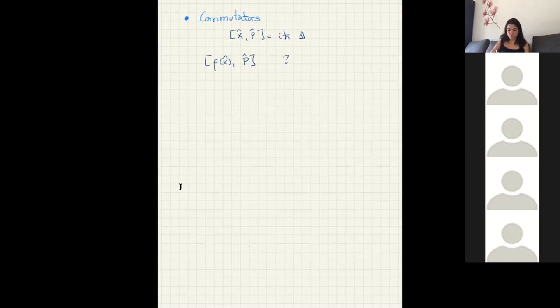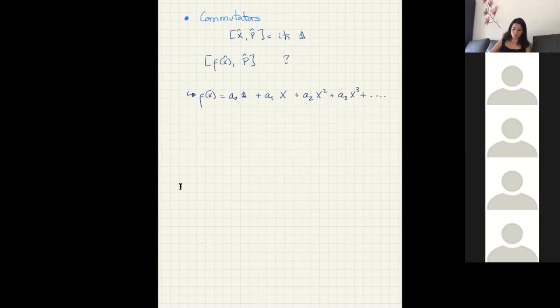Suppose now that we're talking about a function that can be expressed as a power series. So some coefficient times the identity, some coefficient times x, some coefficient times x squared, and so on.